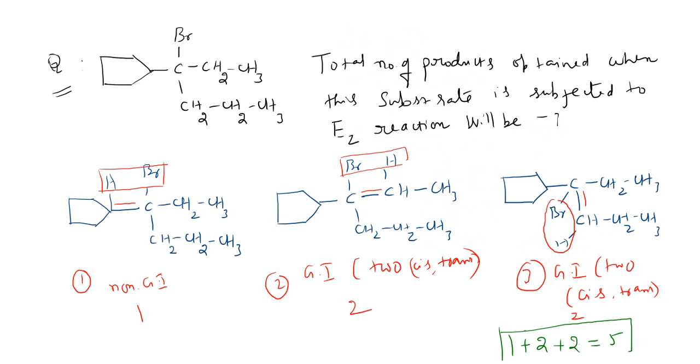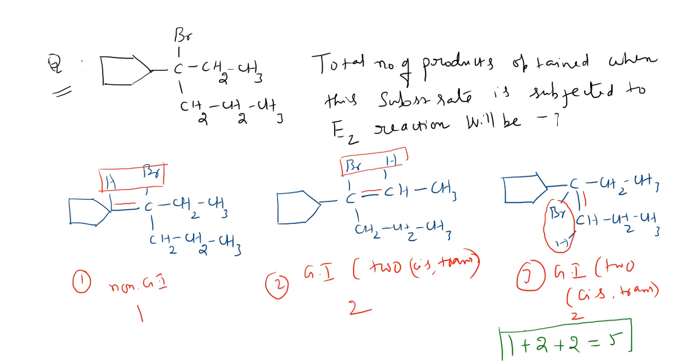Next one. See this question. Here bromine is attached to a chiral carbon. The total number of products obtained when the substrate is subjected to E2 reaction will be, like I said earlier, removal of hydrogen and halogen at a time in the presence of alcoholic KOH. For this, we have noticed there are some hydrogens here.